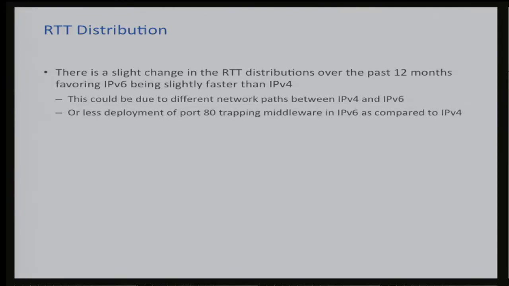And you pick it up and look at it and then drop it back on the wire. And my suspicion is you're not doing that in 6. So part of this might well be a middleware issue, that there's a lot more active middleware on port 80 in V4 than V6. There also could be issues in the forwarding plane, but I'm really not sure how that affects things. And that is an area of much further work and much further research.